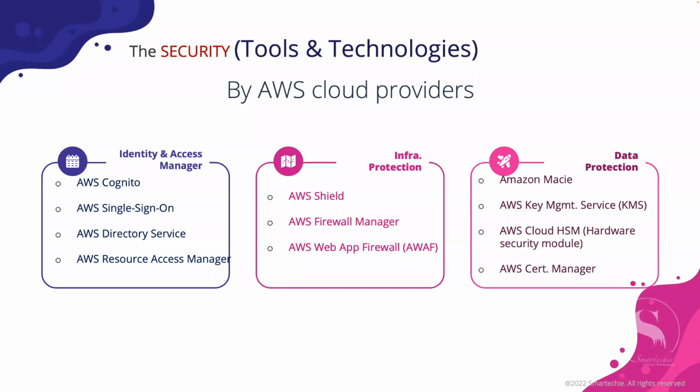This is just an example, and similar services are also available in Google Cloud as well as Azure Cloud. Not necessarily, but there are also a lot of open source tools that can be leveraged to deal with security.